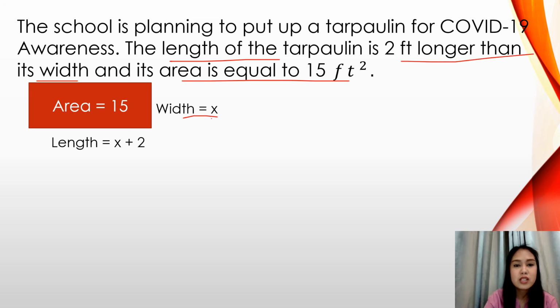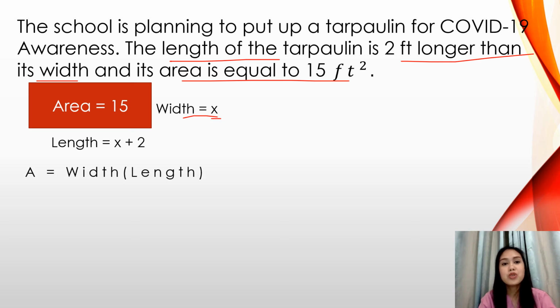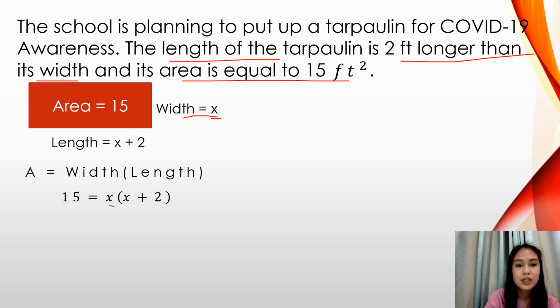So if the width is equal to x, we represent the length as x plus 2. So just like what we did before, we can use the formula of the area, which is width times length. The width is equal to x, the length is equal to x plus 2, and the area is equal to 15.